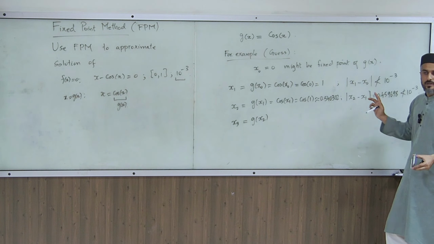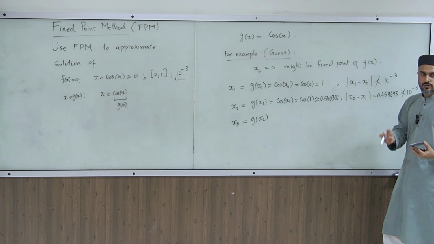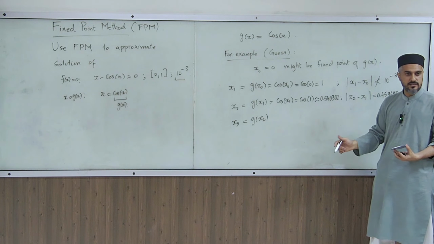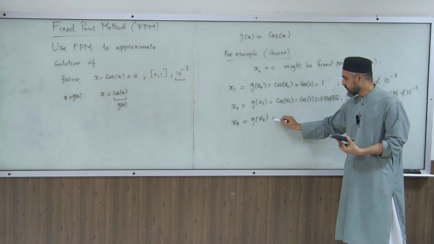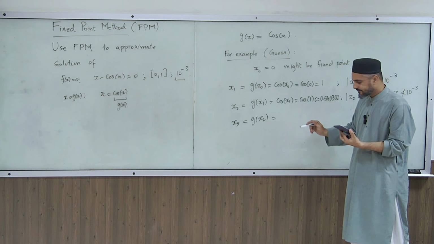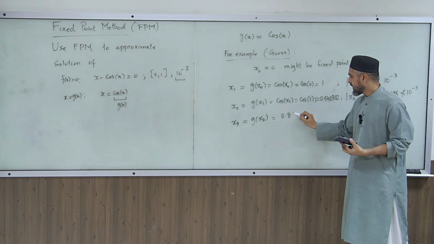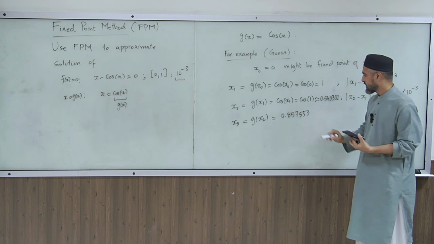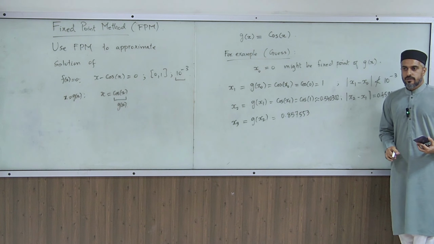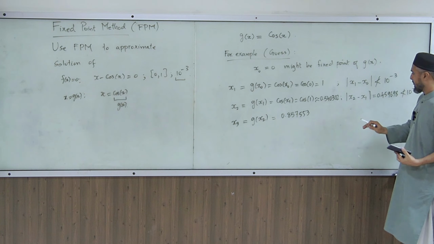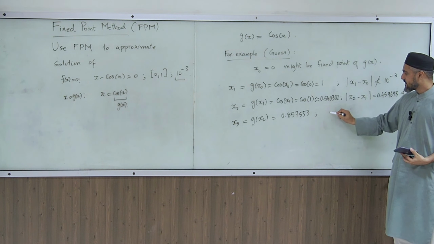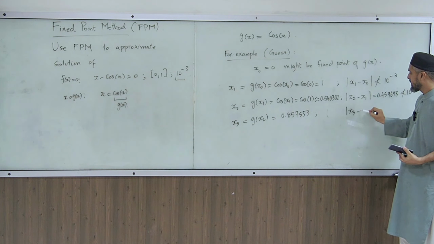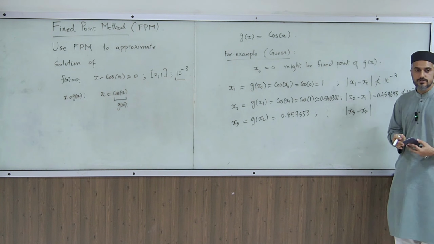So if you just write cos of answer, you're getting the value 0.857553. So you see a deviation, let me write over here, it's x3 minus x2. This is the deviation we have.